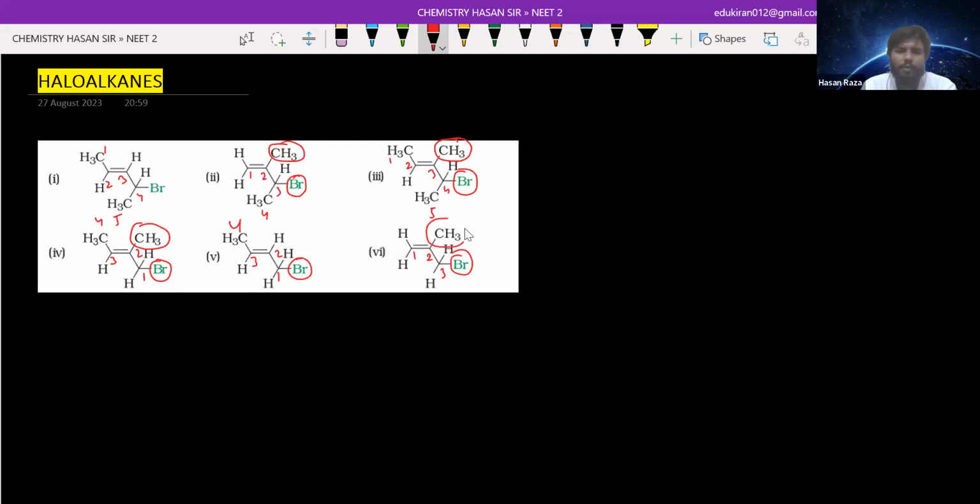This will be 3-bromo 2-methyl prop-1-ene. Is that clear, everyone? 3-bromo 2-methyl prop-1-ene.